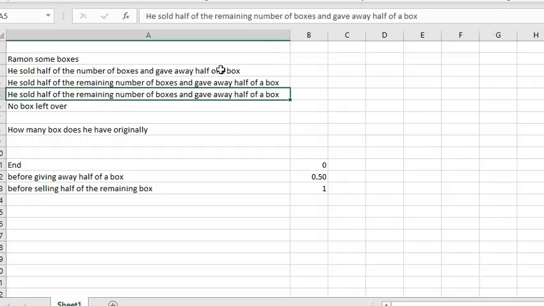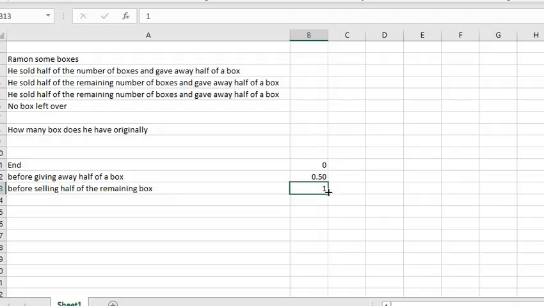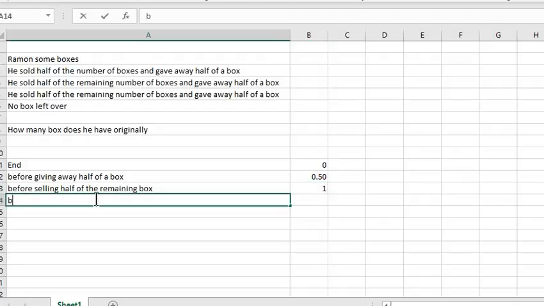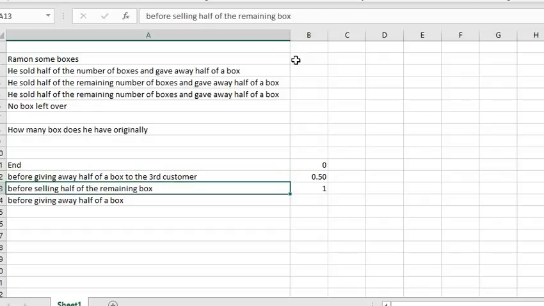Next, he gave away half a box, so we add 0.5 to this one. So before giving away half of a box, maybe we can write here, to the third customer, before selling half to the third customer.